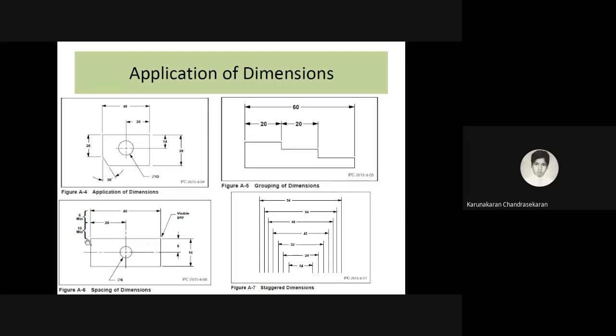Please note, this is a component and you have a line, and during our engineering graphics classes we generally miss this, though it has been stipulated. But here, there must be a gap between the component and the tracing lines. This visible gap should be there. That we should note very clearly.